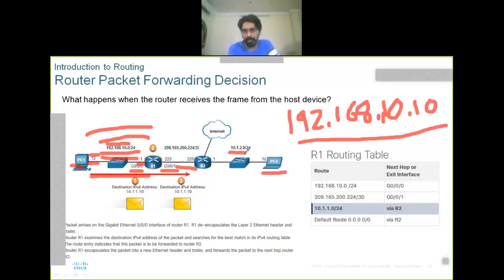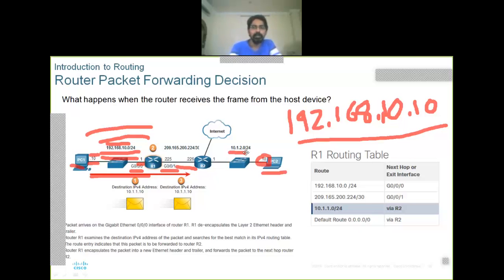Next, what is the PC2 IP address? It is the network address first and then the host address. What is the network address? 10.1.2. And the host address is 10. So the complete IP address of PC2 is 10.1.2.10.